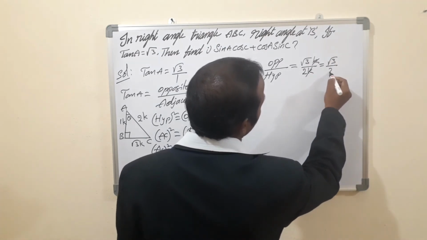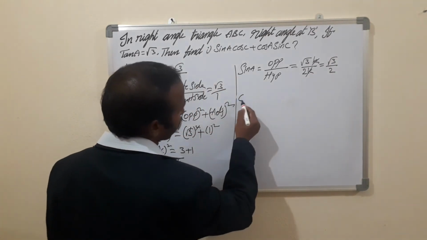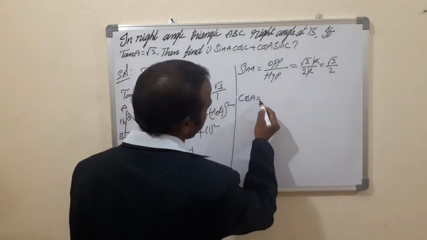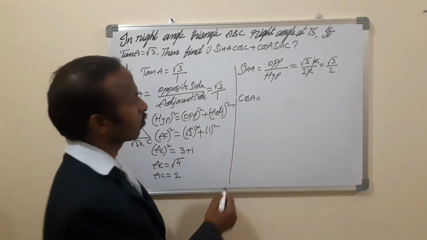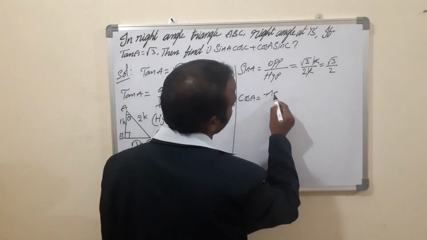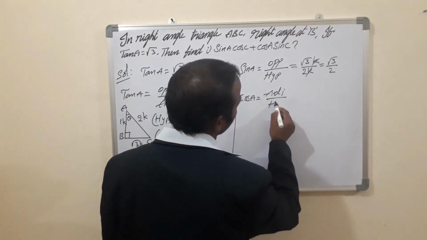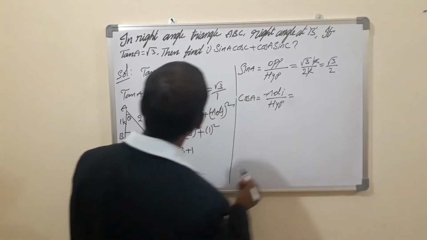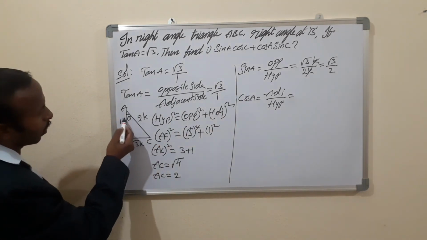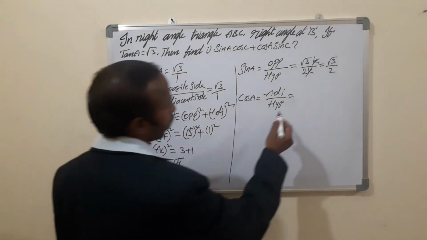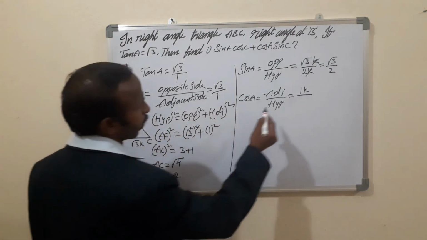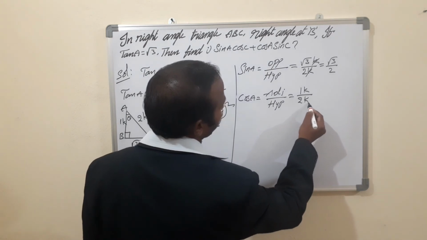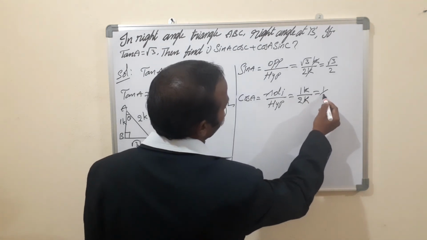Finally root 3 by 2. We'll solve the cos A. What is the formula of cos A in terms of sides? That is adjacent side by hypotenuse. Adjacent to the theta is AB, that is 1K by hypotenuse is 2K. K get cancelled. Answer is 1 by 2.